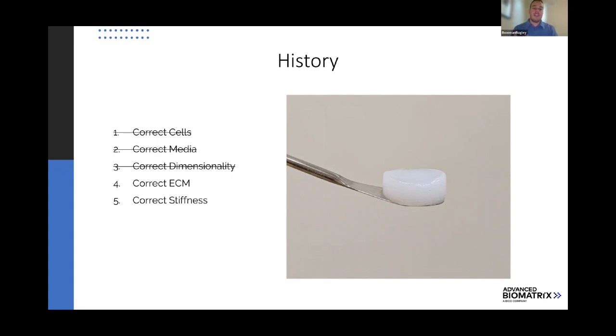And then from there, this is what I want to talk about. We're now really strongly focusing on making sure that we have both the right protein or sugar, the right environment, and then also the right stiffness of that surrounding material. That hydrogel, that tissue needs to have the same stiffness and really represent the native environment. So now we're in this phase focusing on 4 and 5.